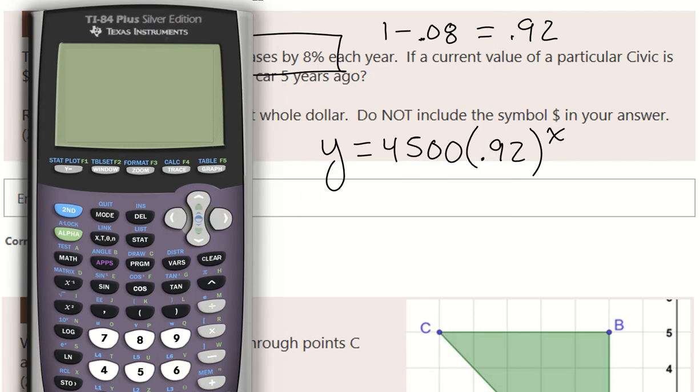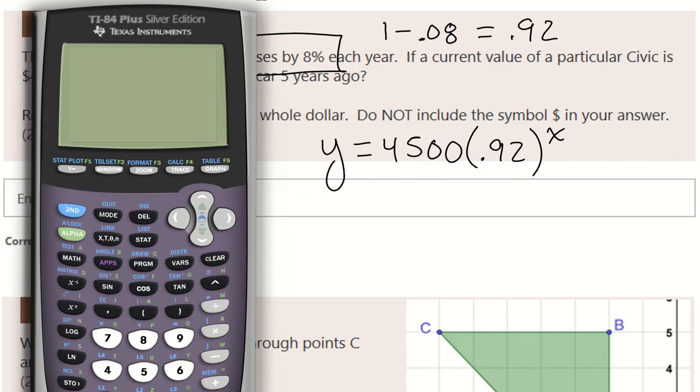They're asking me to figure out what the value was 5 years in the past, right? So what we do is instead of entering a positive, we're going to say 5 years in the past. So I've got 4,500 times 0.92 raised to the negative fifth power.